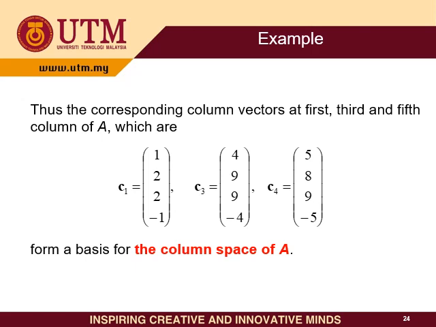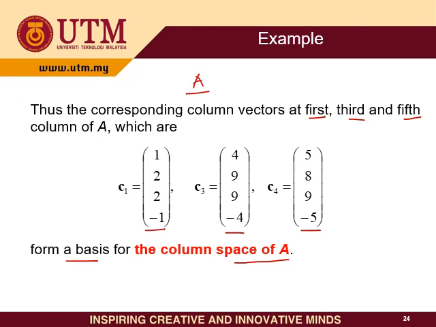When we go back and see matrix A, we can find the corresponding column vectors at the first, third, and fifth column, which are this one here: C1, C3, and C5, and then it will form a basis for the column space of A. So that is the difference between the row space and the column space.